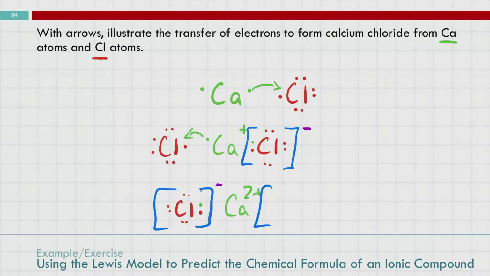And then we've got our other chlorine. That has the same configuration, also a 1 negative charge. So based on the way that we can give away electrons from our calcium to our chlorines, this predicts a formula of CaCl2.